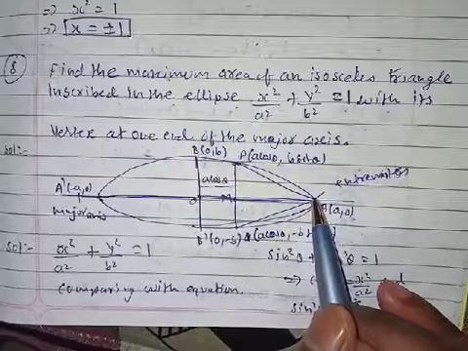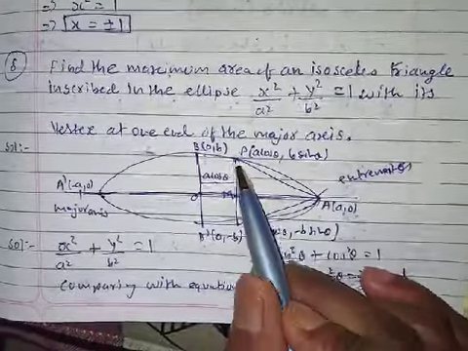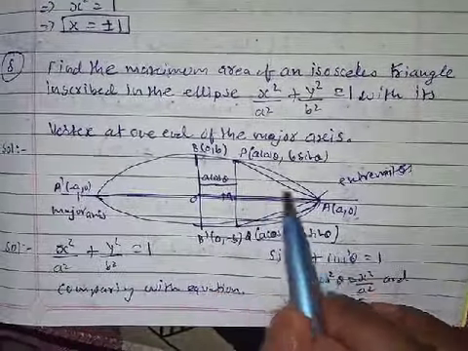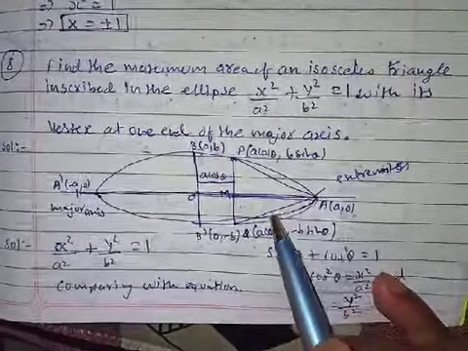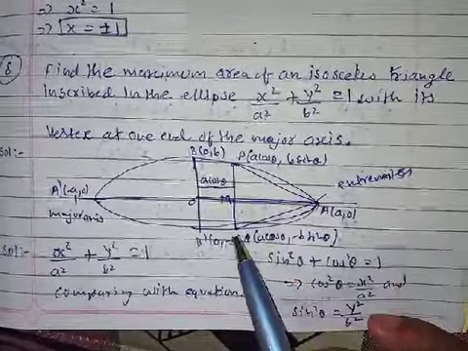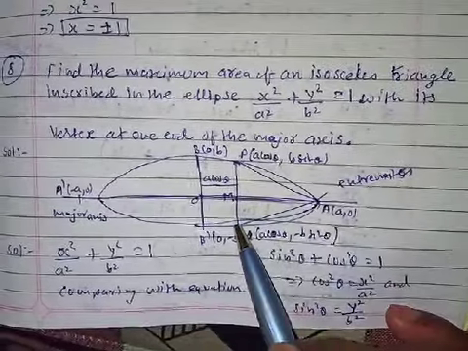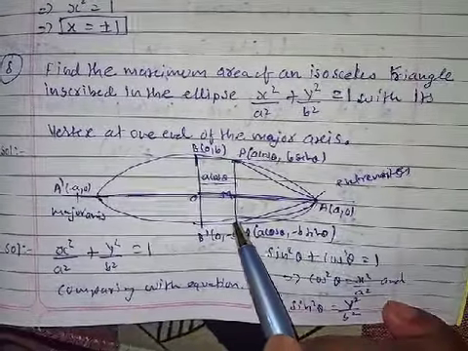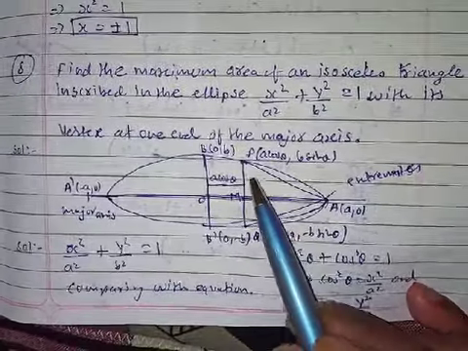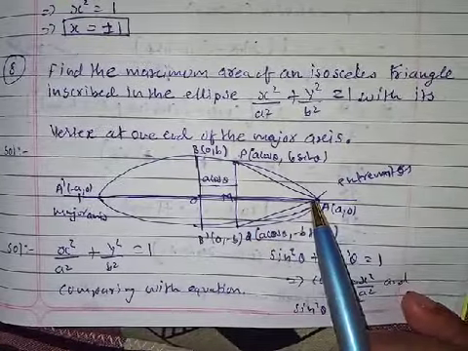And PQ be the other side, and it is an isosceles triangle, which means these two sides are equal: AP and AQ are equal. Find the maximum area. We have to find the maximum area of this triangle. What will be the maximum area?